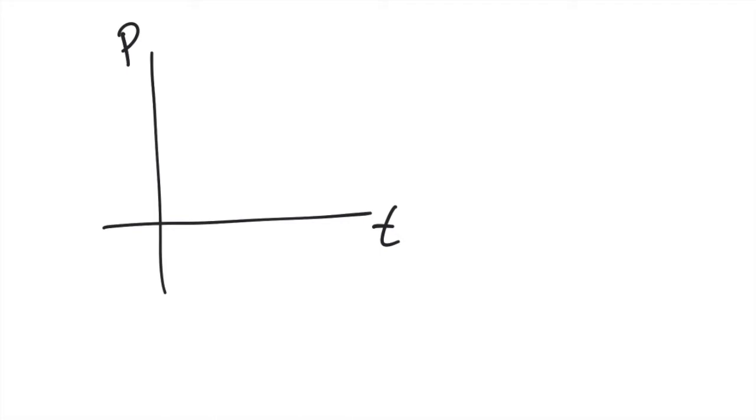Let's say you're right here, driving, and later on down the road you are somewhere over here, because time is going on, so you've moved along your x-axis. Your position has changed, so you're further down the road.